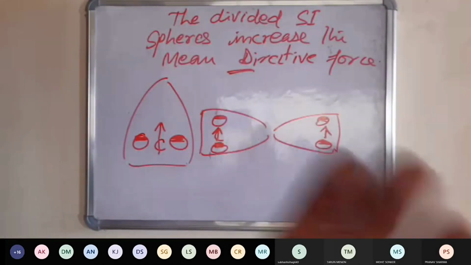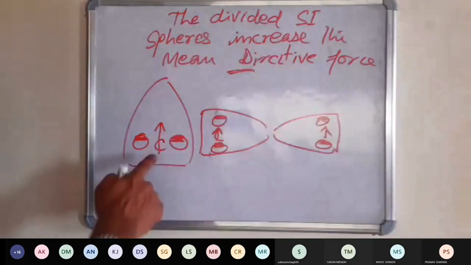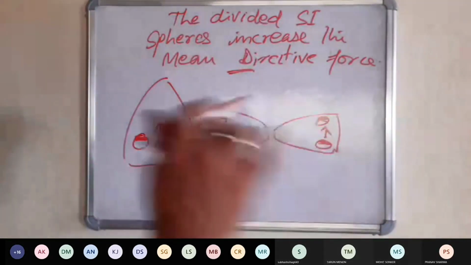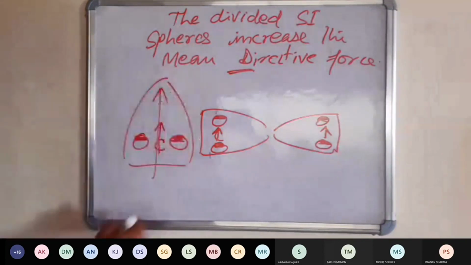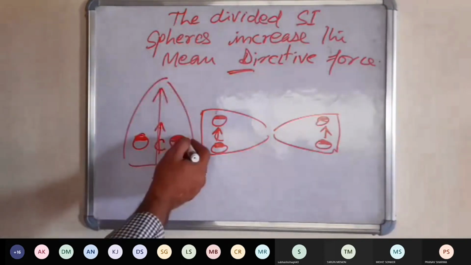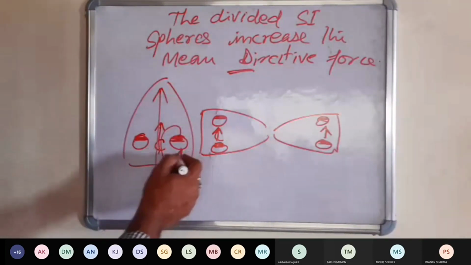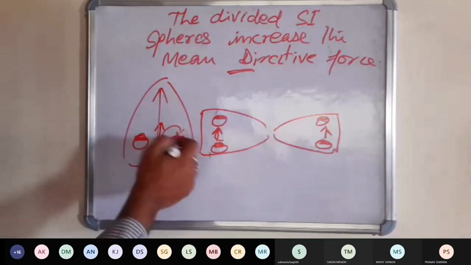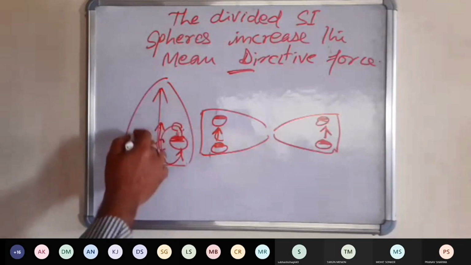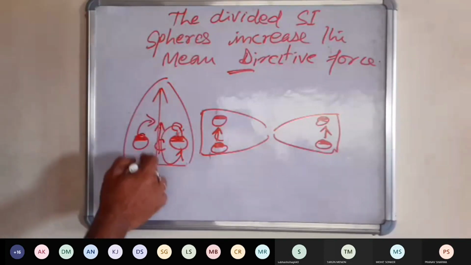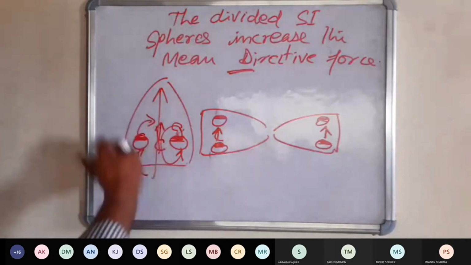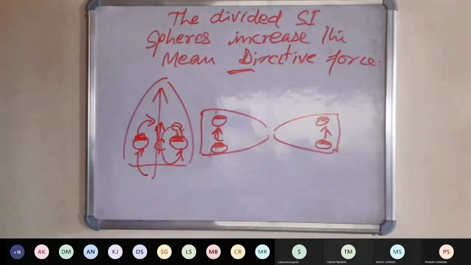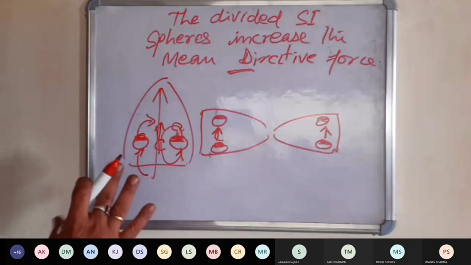All right. The mean directive force here is not increased, it is reduced. Because our lines of forces are like this. This will have an effect that it is coming from the red pole. The lines of forces are coming from the red pole and going into the blue pole. So its own magnetic field will be opposite. Understood? Is this clear?